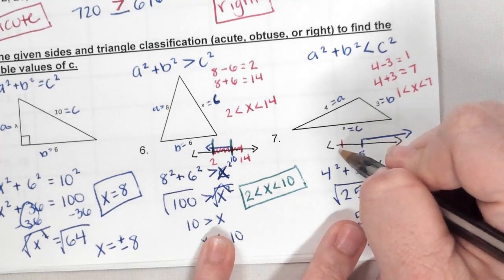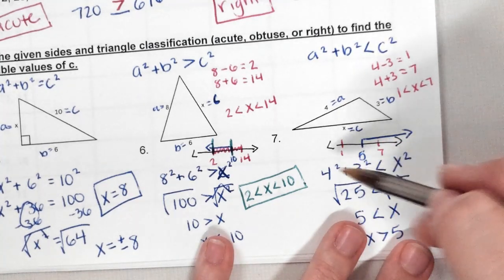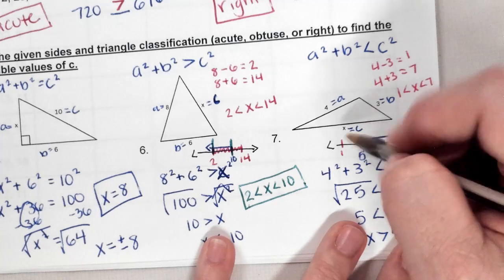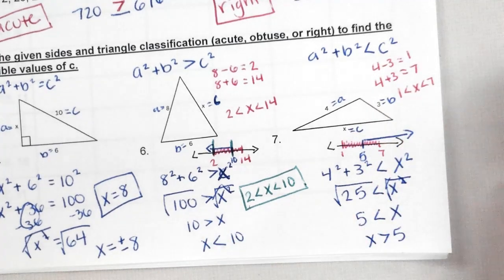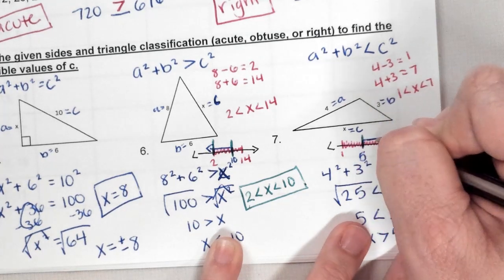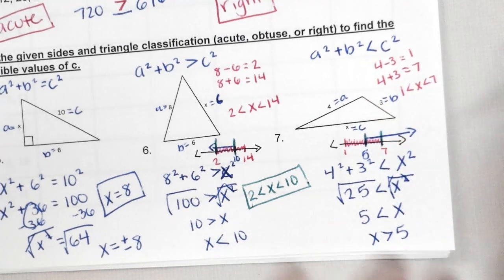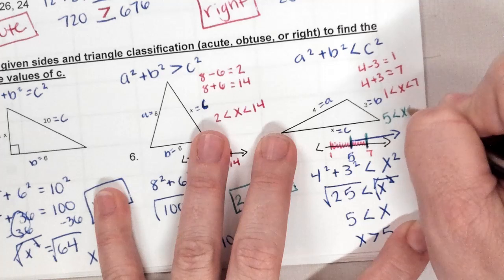Here's 1. Here's 7. I'm not worried about how realistic this number line is. Technically, if your brain works and you can just think of what it is, that's fine too. But if you get it wrong, I'm going to tell you to go back and draw your number line. So I know that it's double shaded from 5 to 7. So what's my final answer? 5 is less than x is less than 7.